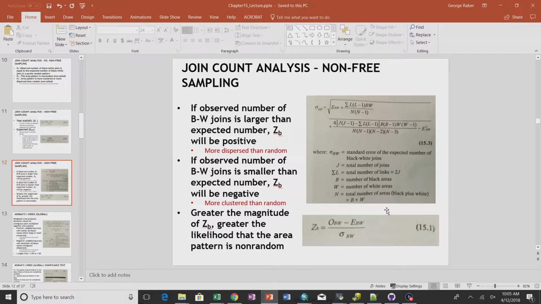These are all pretty self-explanatory. The number of black areas, the number of white areas, the total number of areas, the total number of joins is just the total number of relationships between lines, and the sum of L is the total number of links, which is 2 times the number of joins.